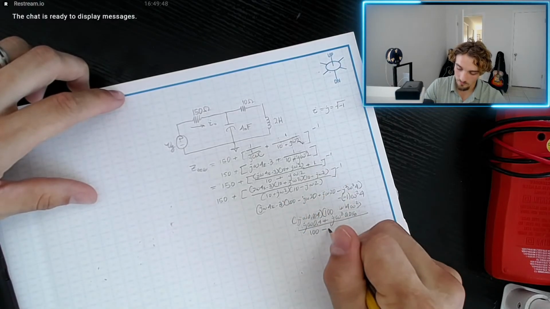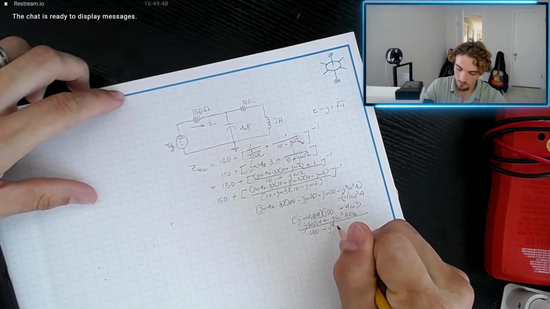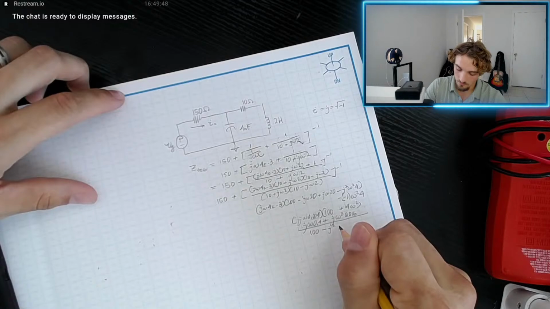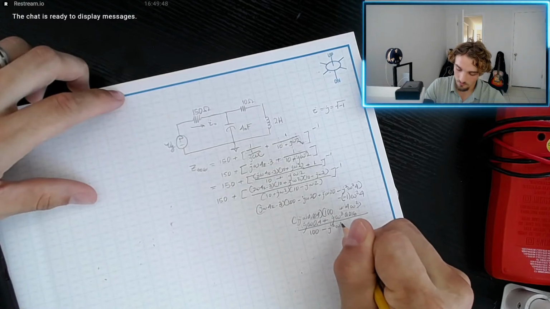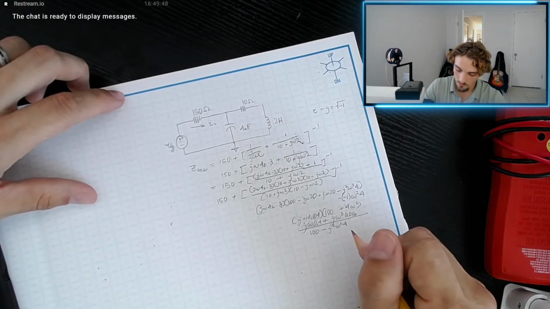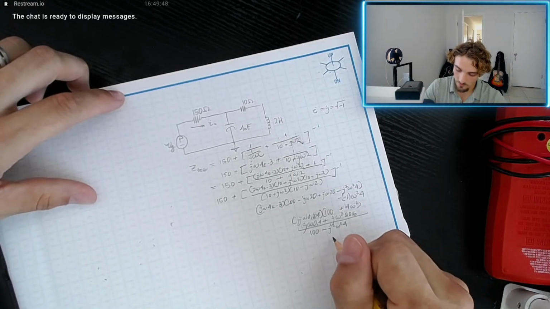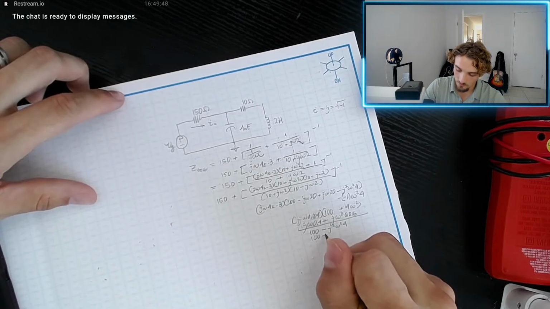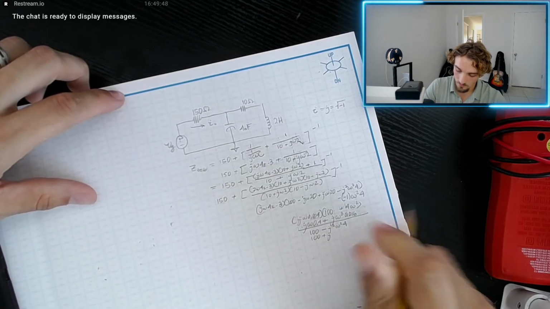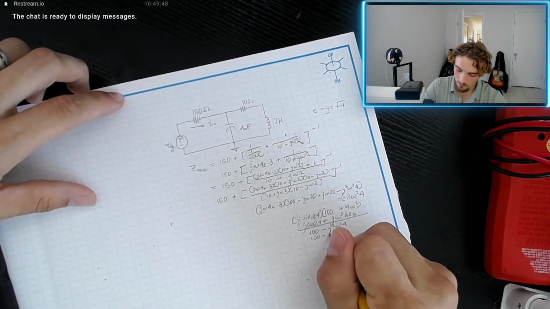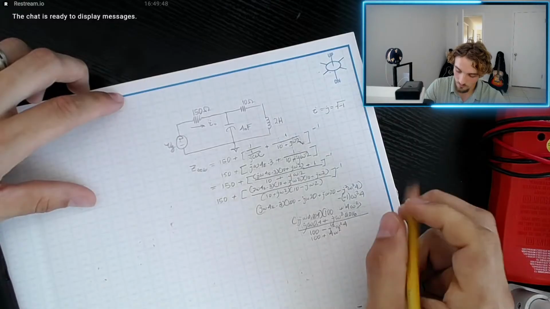It would be negative j squared omega squared 4. It'll be the same term. j squared would be negative 1, so that would be positive, so 100 plus 4 omega squared.